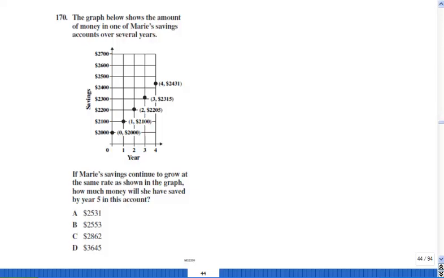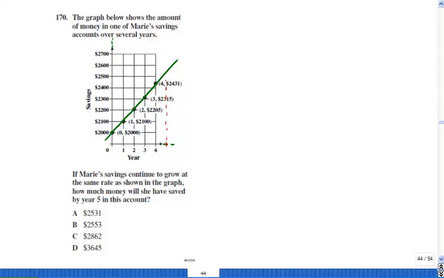Okay, and obviously that year 5 is missing here, right? Well, sometimes you can just extend this and try to guess, especially if you have a multiple choice type of answer. Year 5 is going to be here somewhere, right?